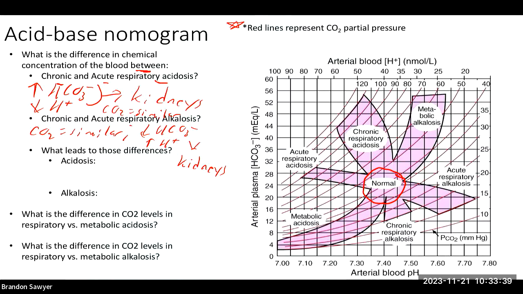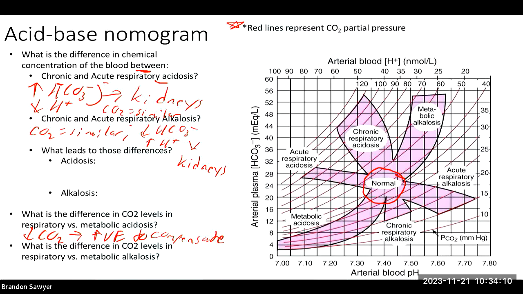We don't need to look at chronic versus acute, because our lungs adapt super rapidly. We can blow out extra CO2 really fast. So metabolic acidosis is going to have a decreased CO2, due to increased ventilation to compensate.